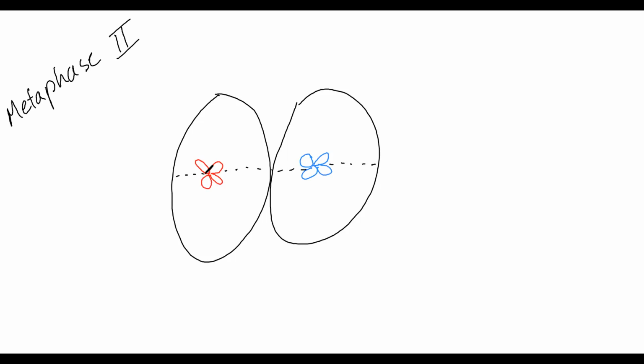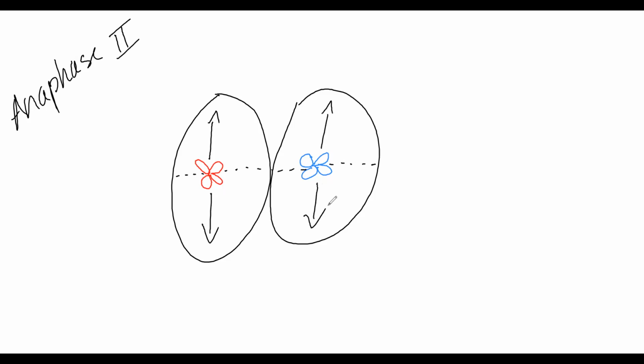Next thing you do, anaphase 2. What happens in anaphase 2? The same thing that happened in anaphase 1. They're going to separate. So in anaphase 2, this sister chromatid is going to go this way, this sister chromatid is going to go this way, this sister chromatid is going to go this way, and this sister chromatid is going to go this way.